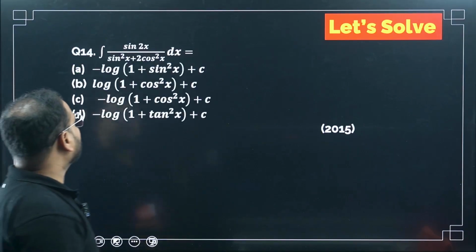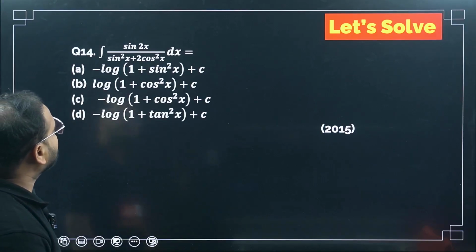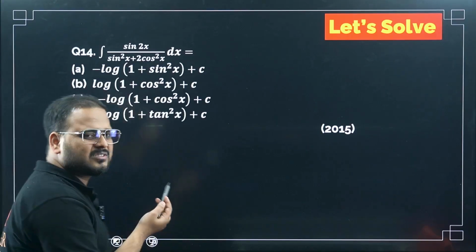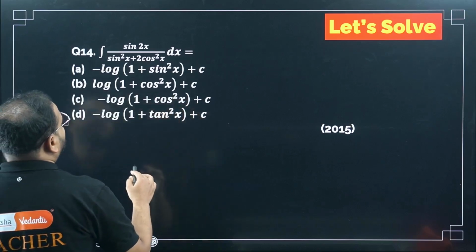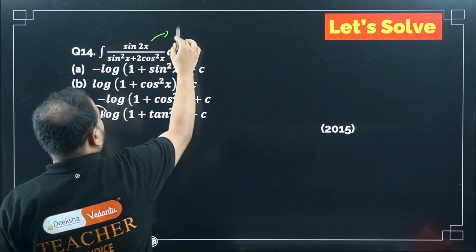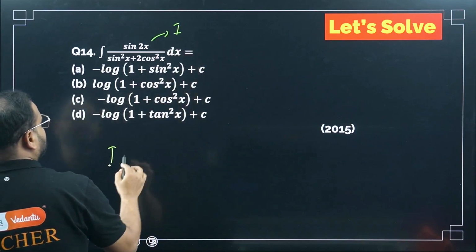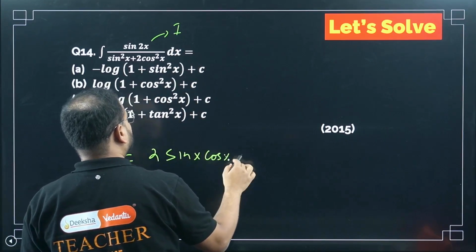Over here, sine 2x, sine 2 square. Okay. I think I've done simpler questions in my regular classes. So if you check here, if I take this to be my integration I, I'll get I equals 2 sin x cos x dx.